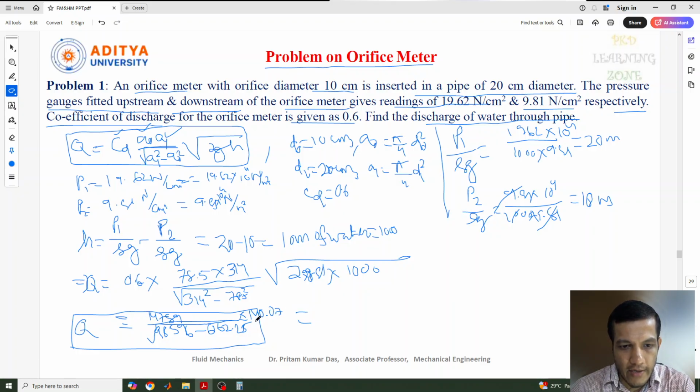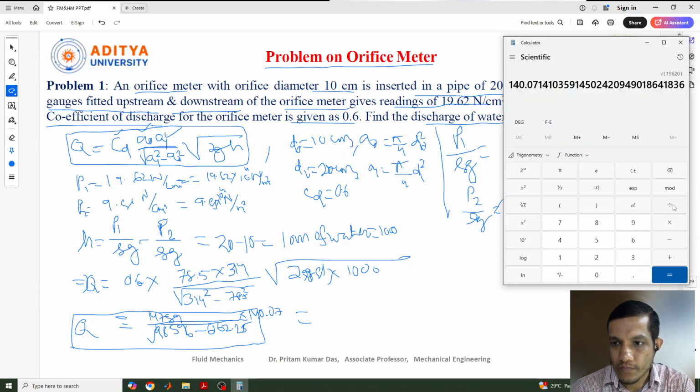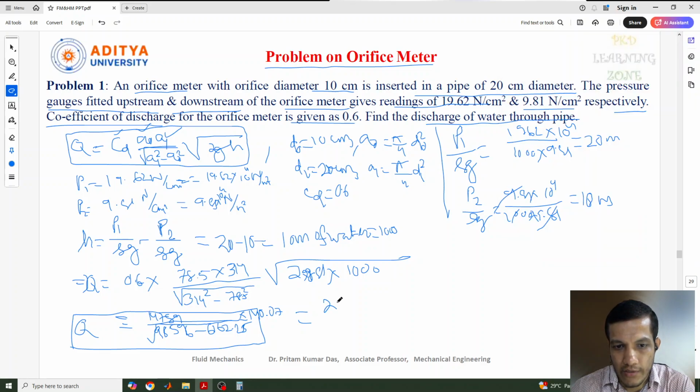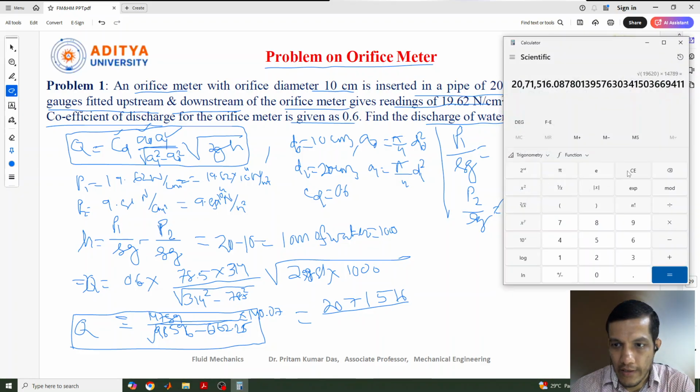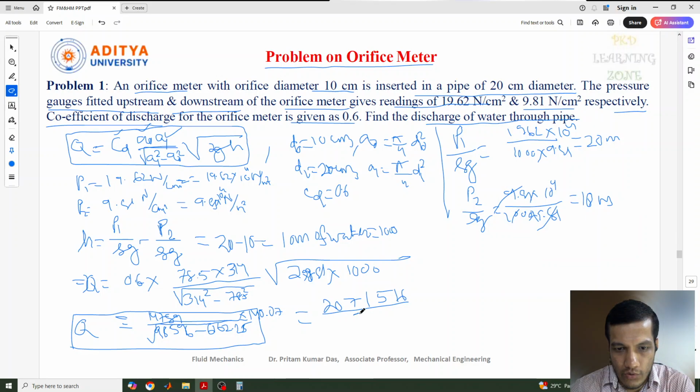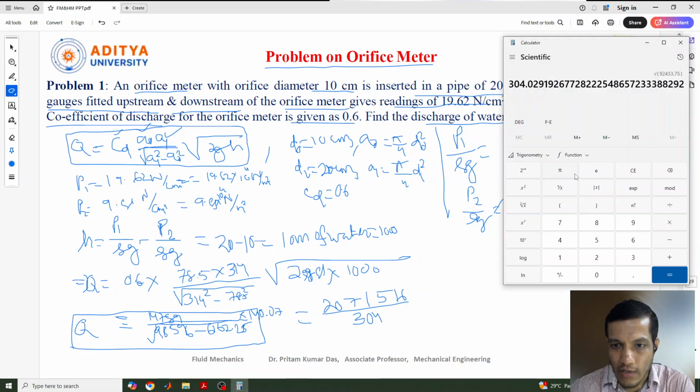Anyway, then finally this one into 14,789, so we get 71,516 divided by the root of 98,596 minus 6162.25, which is root over of this, 304. 304 some value, I am just ignoring that value.